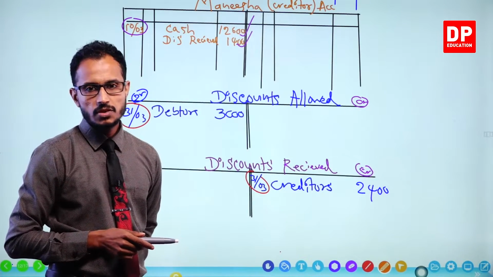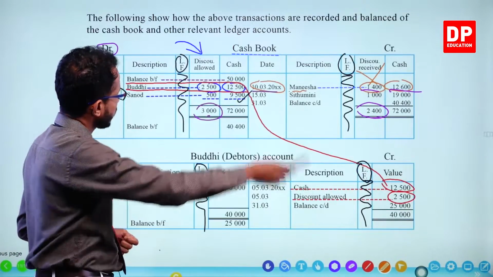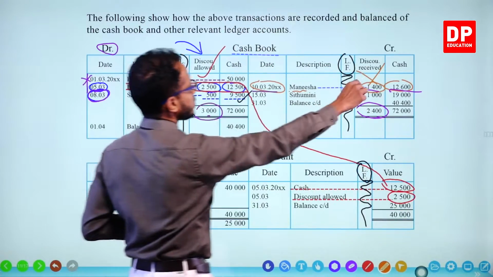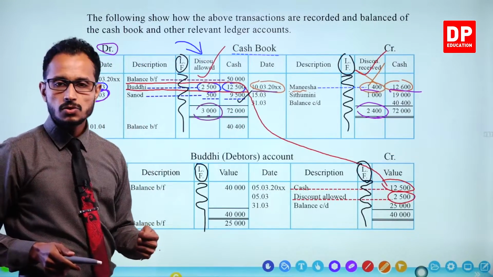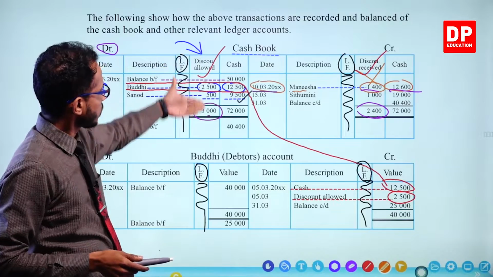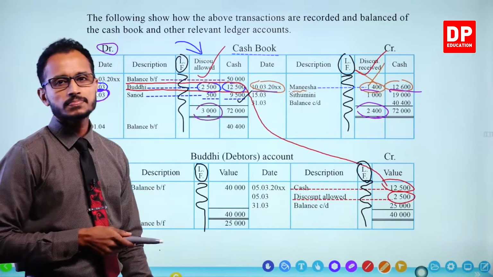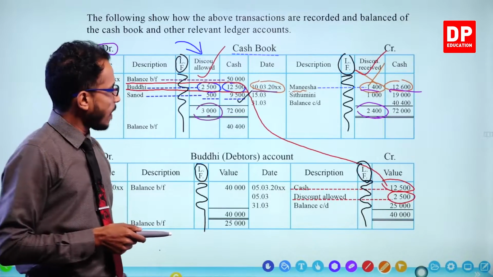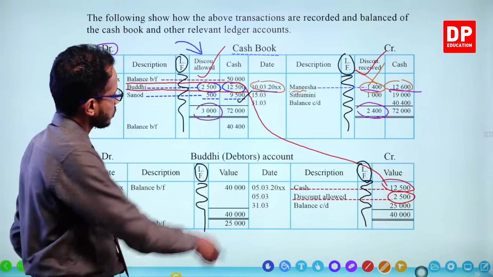That's how, children, you transfer the discounts allowed and discounts received columnar totals, or totals of the relevant columns, to the relevant accounts. Yeah, we recorded the double entries.